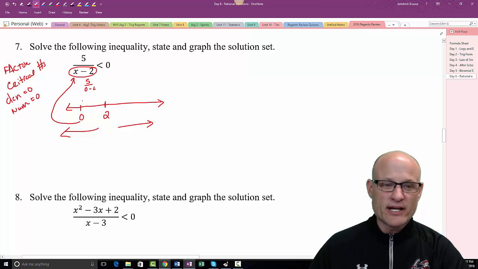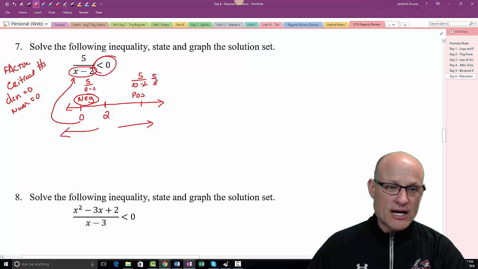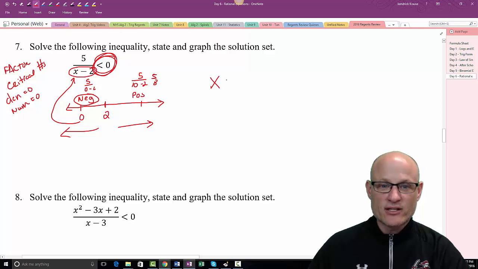Well, that's 5 over negative 2, and the only thing I know is that's negative. If I plug in a number over here like 10, I get 5 over 10 minus 2. That's 5 over 8. That's positive. Well, what am I looking for? I'm looking for when it's negative. So the answer is x is less than 2.